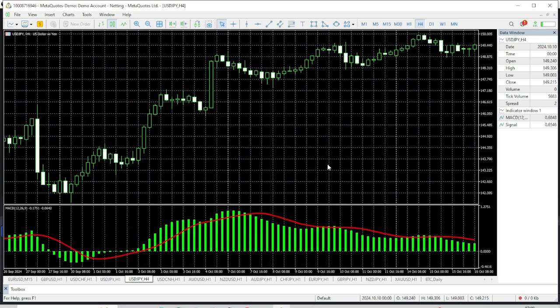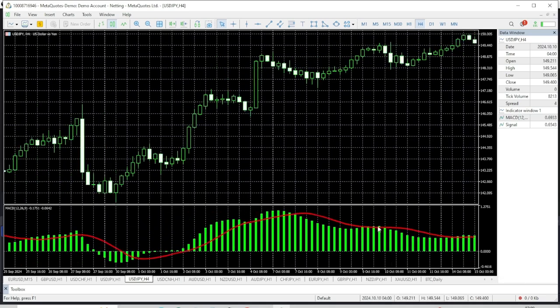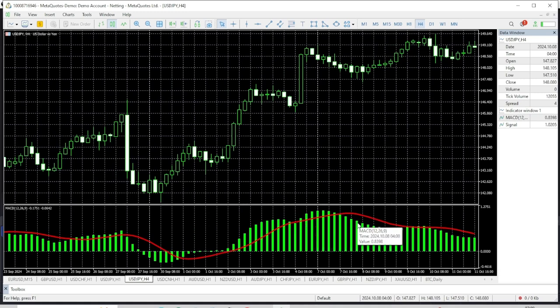Now, let me explain briefly how this momentum indicator works. Looking at this window now, the MACD window, we have here the 0.00 mark or level. That level is a very, very important level. It is crucial. All this green that looks like rectangles are called the MACD histogram.